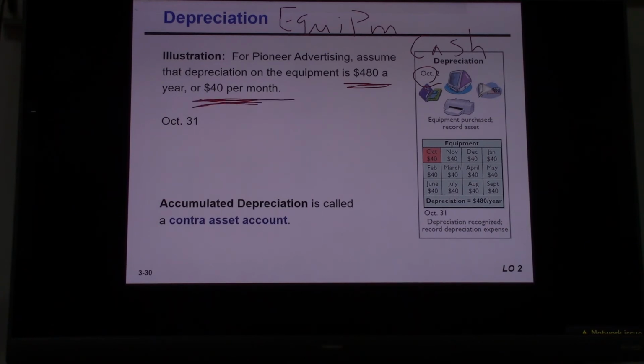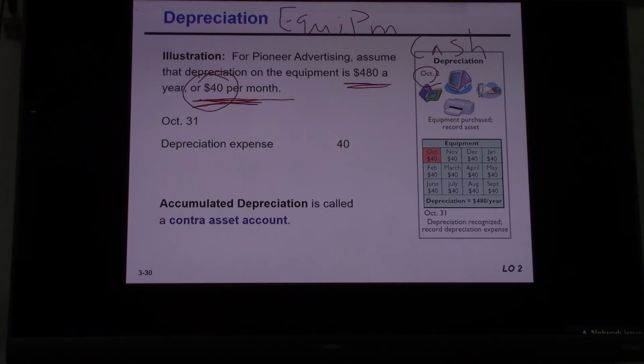Now we are required to recognize depreciation expense. On October 31st, you have used this equipment for only 1 month, from October 2nd till October 31st. So we will recognize expense for 1 month, which is $40. So we have depreciation expense on the debit side of $40.